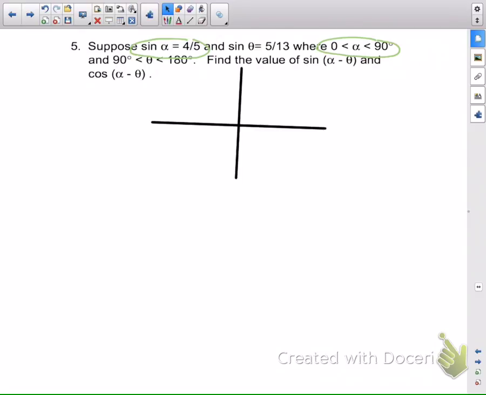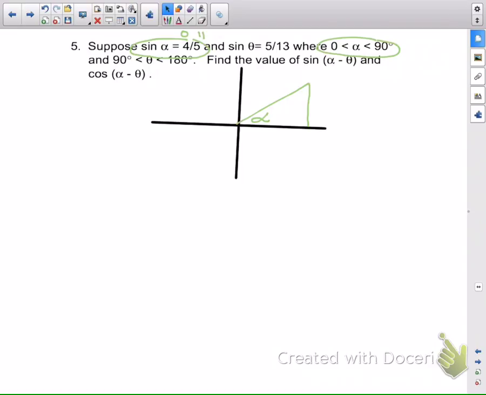First, they tell me alpha is in what quadrant? First, because they tell me 0 to 90. So draw yourself a triangle in the first quadrant, label your angle alpha. And if you remember from chapter 6, we use this other piece of information, sine is equal to 4/5, because we know sine is equal to what 2 sides of the triangle?